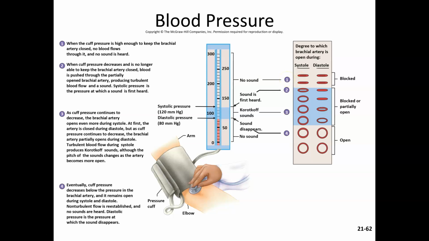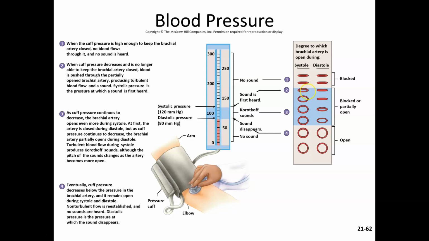Then you start to decrease the pressure in the cuff, but blood is going to start to partially move through as the brachial artery begins to open a little bit. So once again, we have a turbulent blood flow that's going to create a sound for us. And that sound is going to be measured as the systolic pressure.